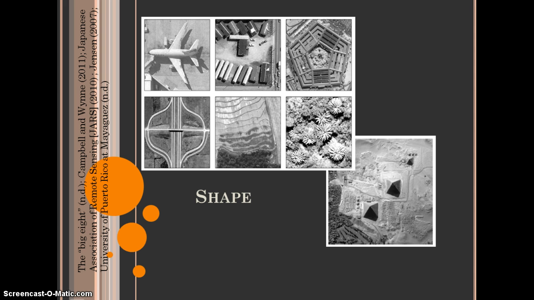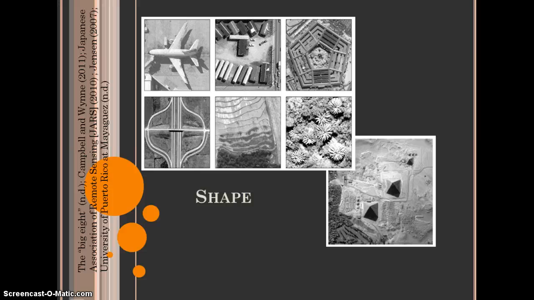Shape can help the interpreter with object recognition. As JARS 2010 notes, quote, the specific shape of an object as it is viewed from above will be imaged on a vertical photograph. Therefore, the shape looking from a vertical view should be known. For example, the crown of a conifer tree looks like a circle, while that of a deciduous tree has an irregular shape.